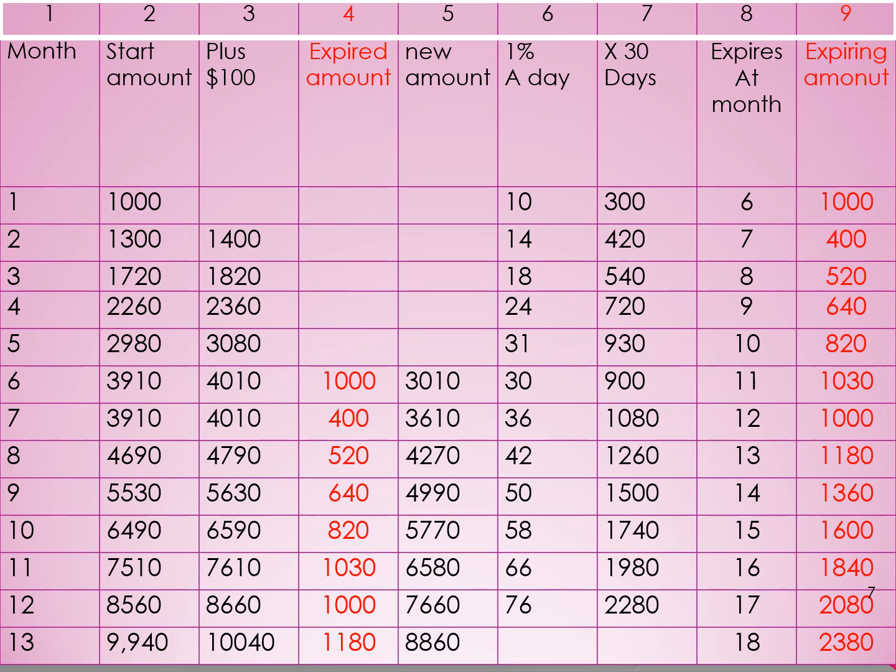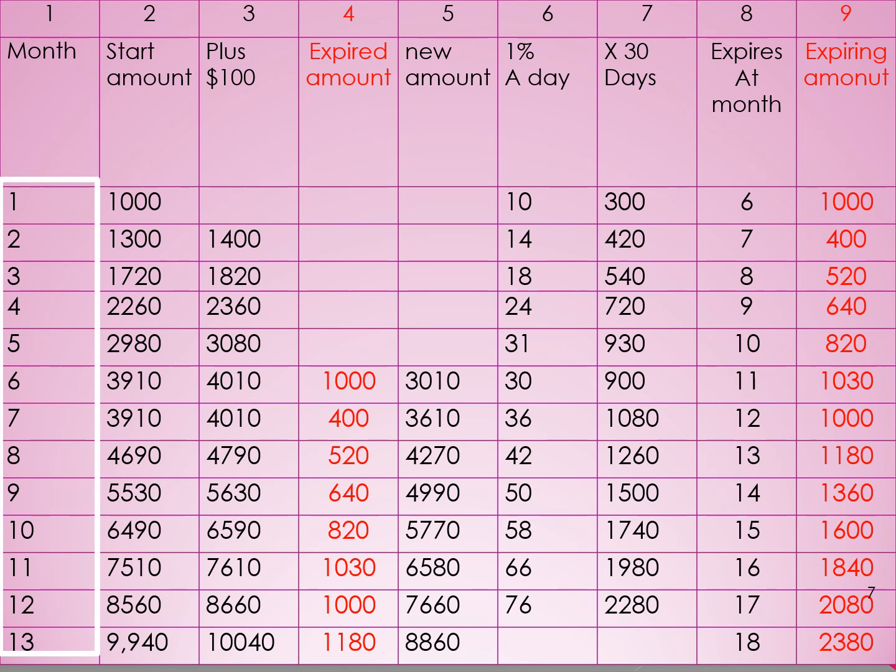So at the top, 1 through 9, then at column 1 going down, you see that they're numbered 1 through 13. Each one of those represents month 1, month 2, month 3. So here we see in column 2, row 1, it says $1,000. That is your initial investment.